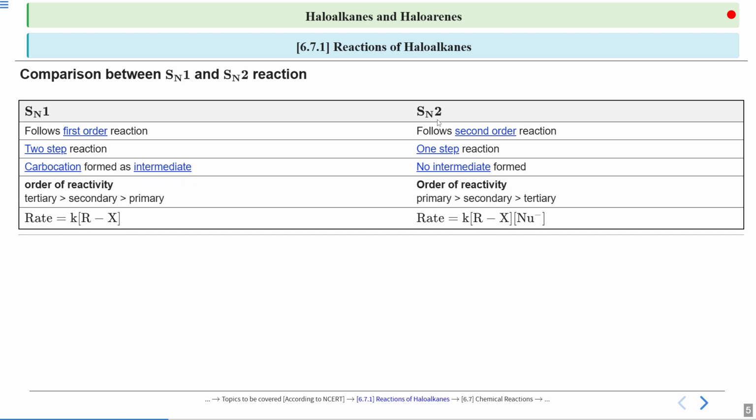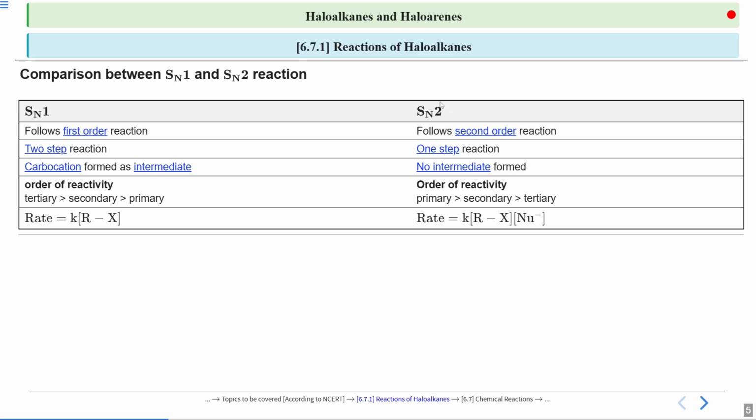So the order of reactivity in the SN2 reaction will be highest for primary, then secondary, and then tertiary. This order of reactivity in the SN2 reaction is the reverse of the order in the SN1 reaction due to its mechanism.